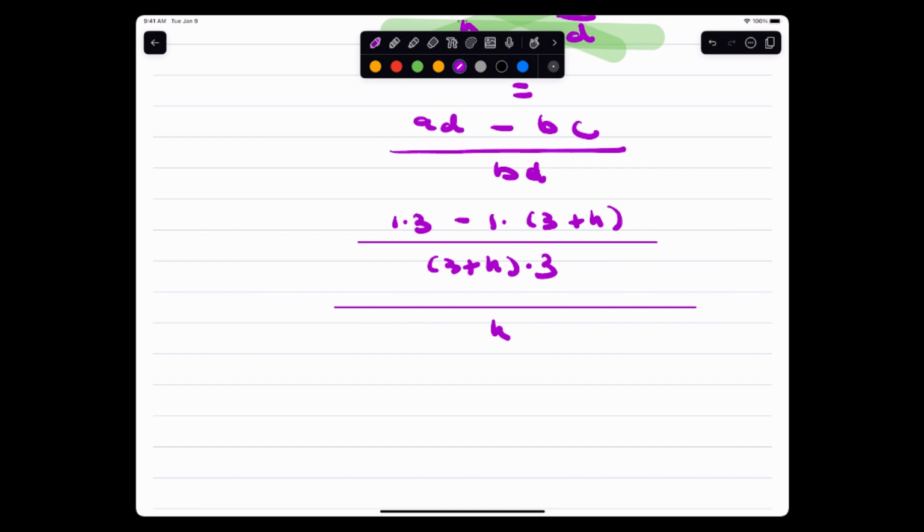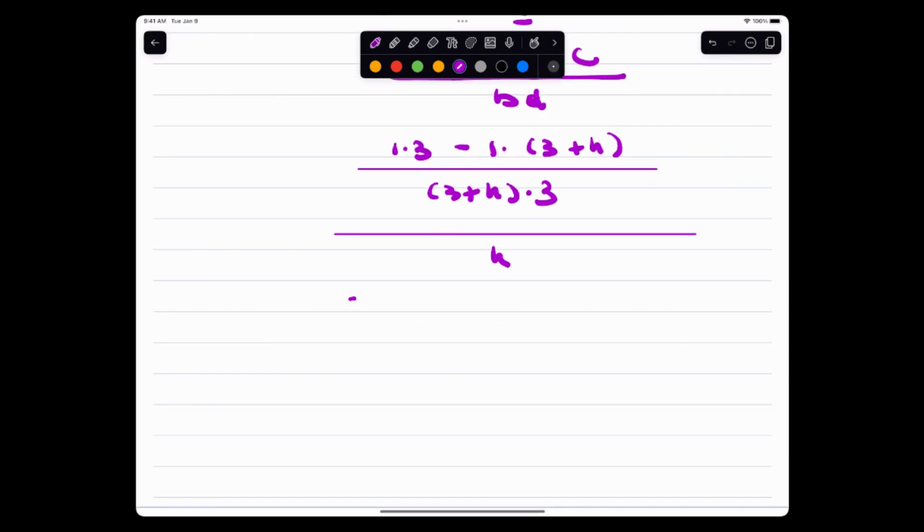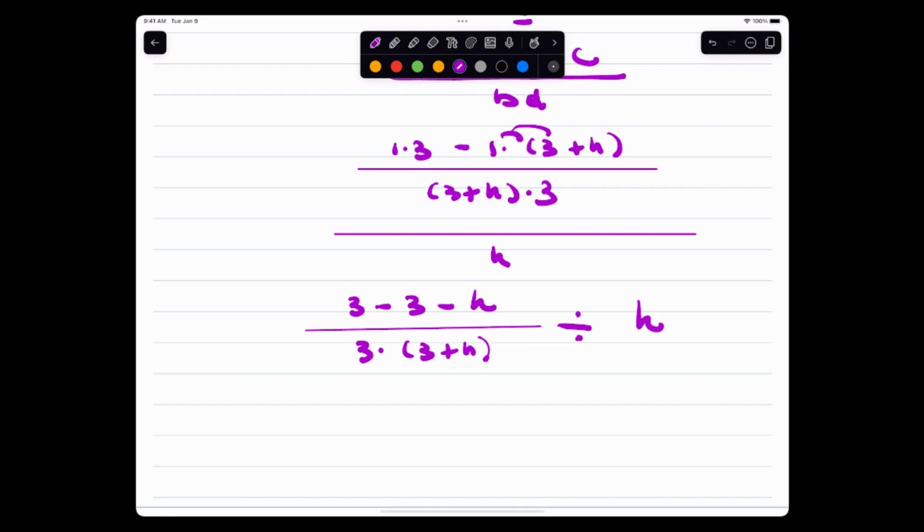So subtract your fractions. So now you get 3 minus 3 minus h, because you're going to distribute, over 3. I'm going to keep this as 3 times 3 plus h. And I'm dividing by what? h. Be careful here.